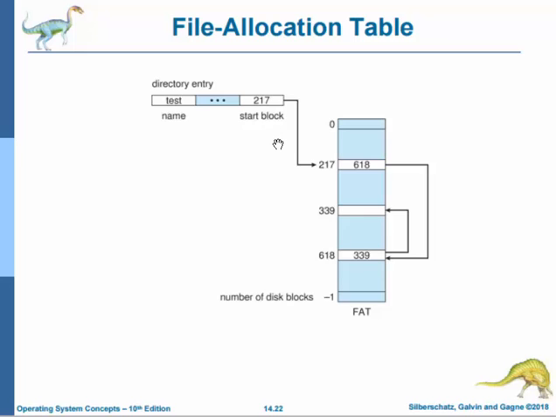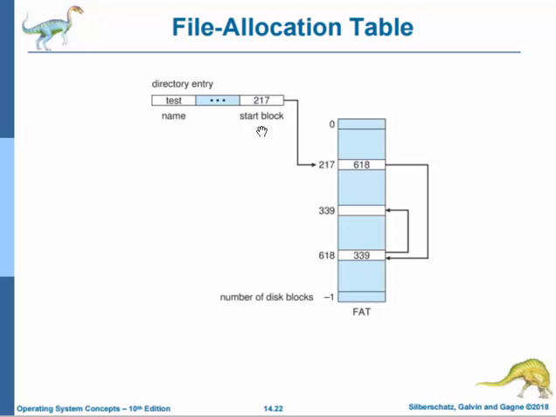The FAT is used in much the same way as a linked list, and the directory entry contains the block number of the first block of the file. Okay, so it's called the start block.